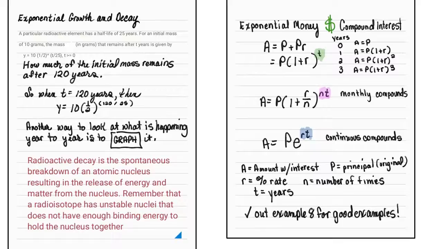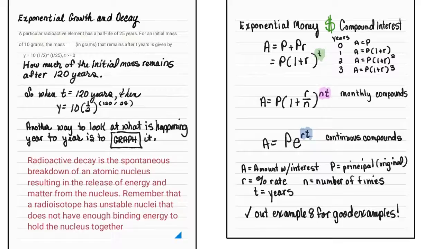So we're just going to put everything back into the equation here. When T equals 120 years, then Y is going to equal 10 times 1/2 to the 120 over 25. If you do this in your calculator, or by hand, you have to be very careful to power up the base, which here is 1/2, before you multiply it by the 10.